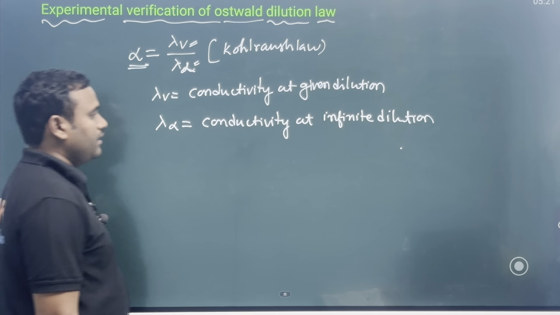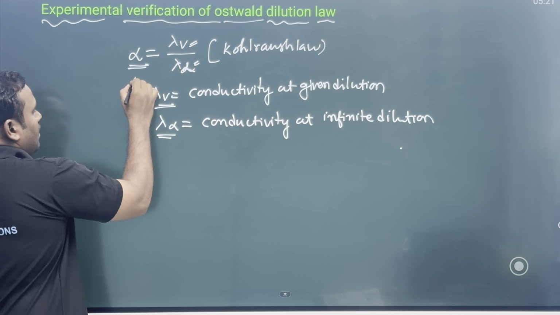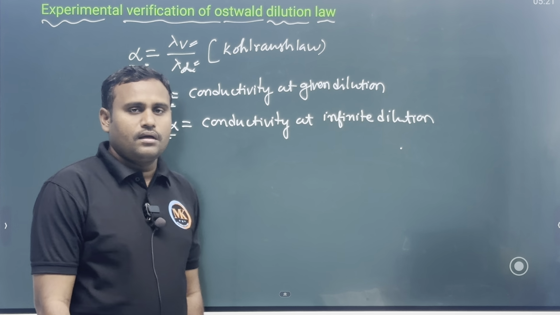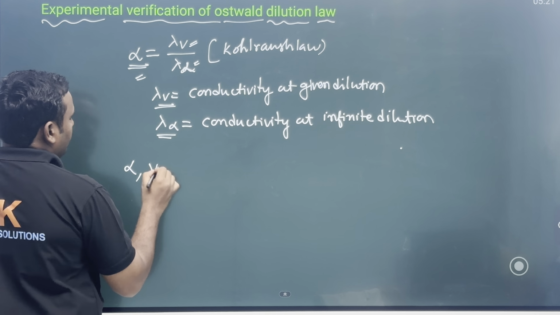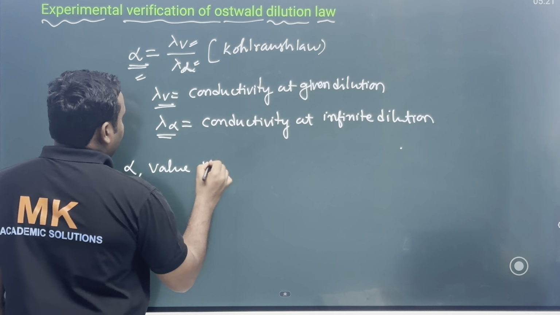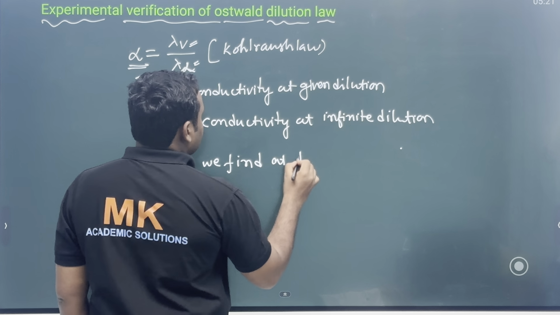So by taking these values from conductivity experiments, we can find out the alpha value at different dilutions.